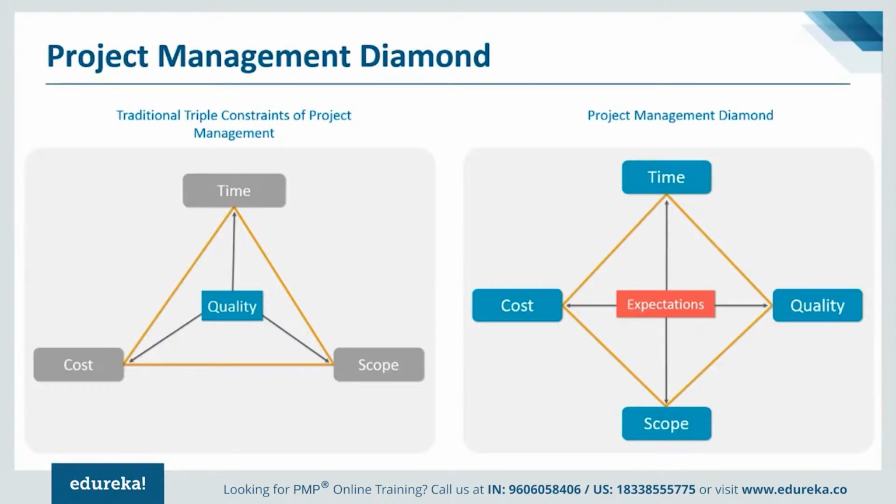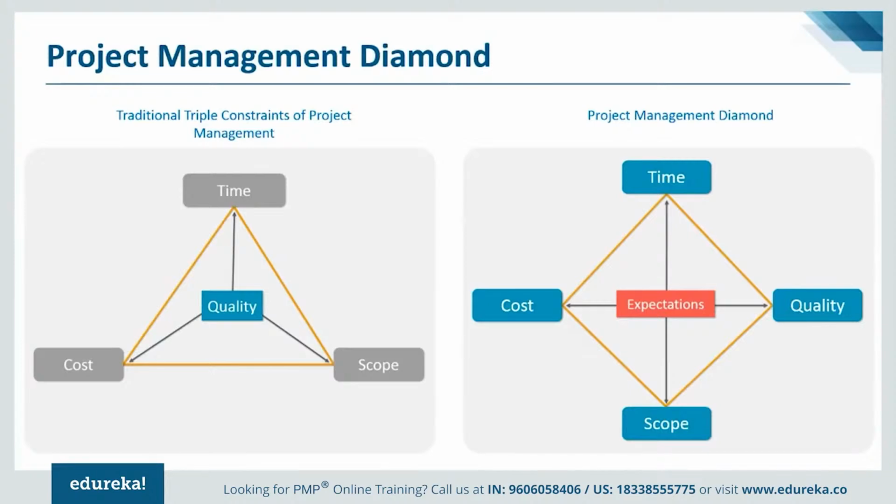So it's time, cost, quality, scope, resource, risk, and I also look at customer satisfaction as one of the constraints. Because customer satisfaction is not achieved if you are not able to deliver the project within schedule and within budget. So it's very important for us to also make sure that we achieve customer satisfaction.